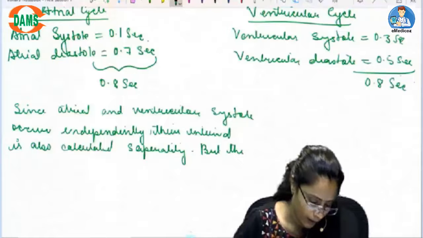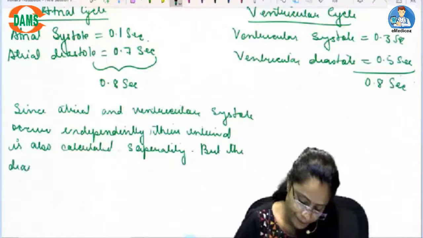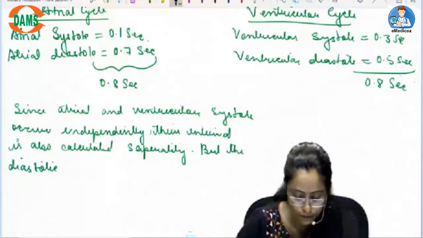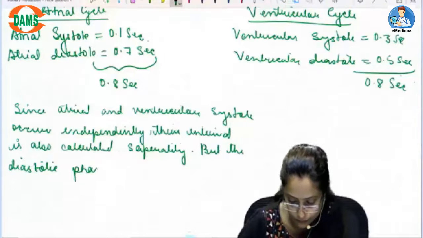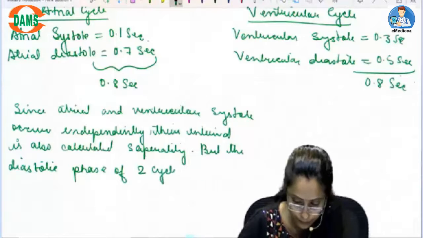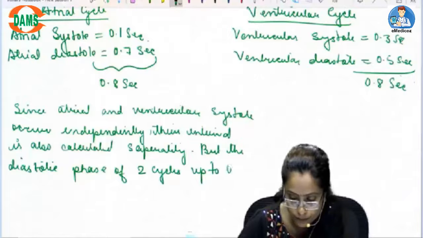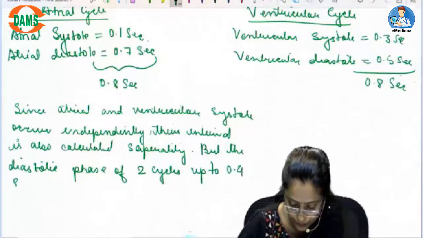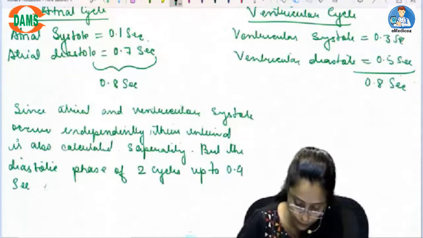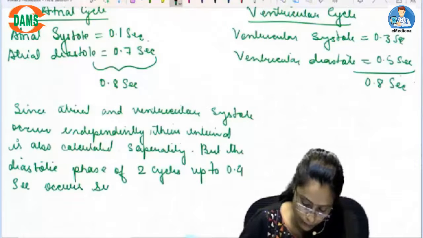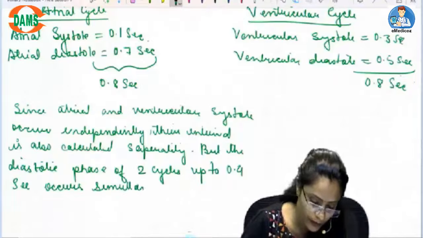But the diastolic phase of the two cycles, up to 0.4 second, occurs simultaneously.